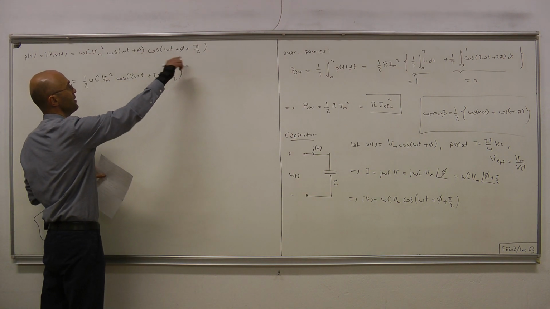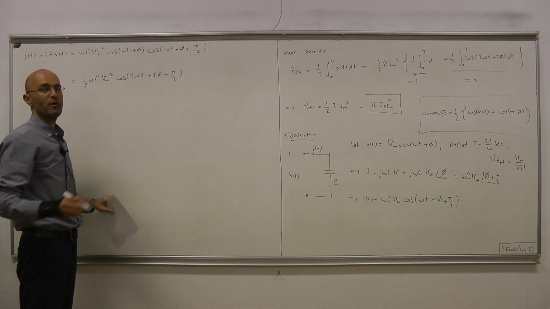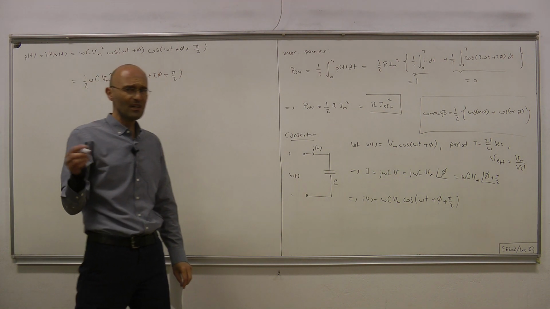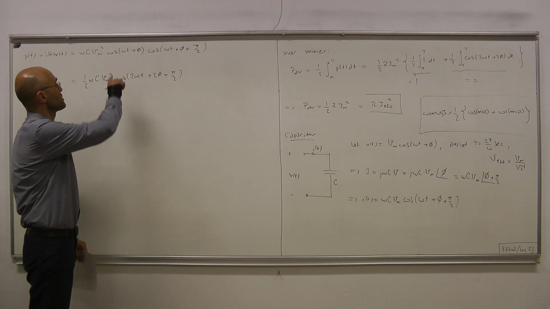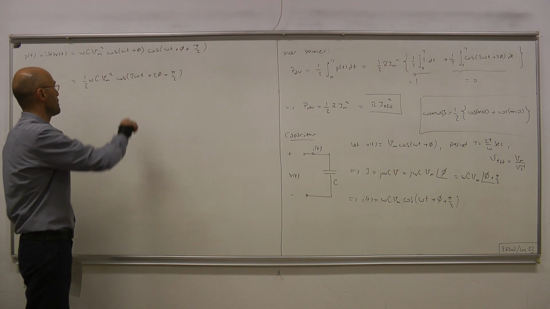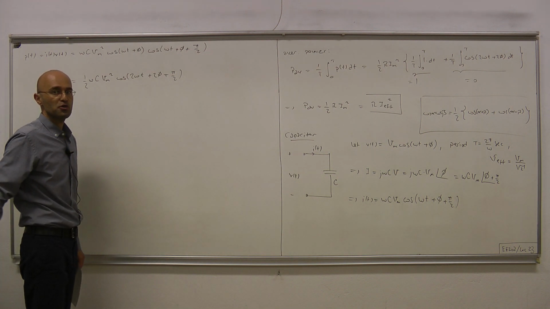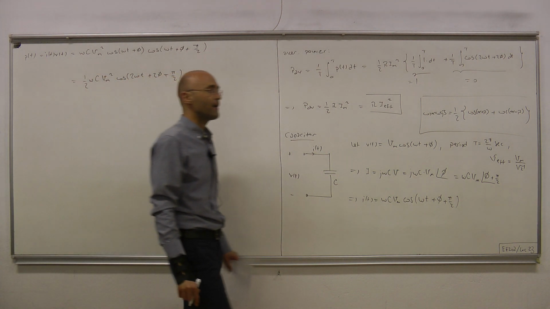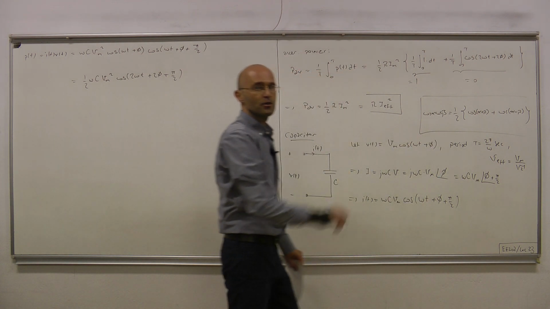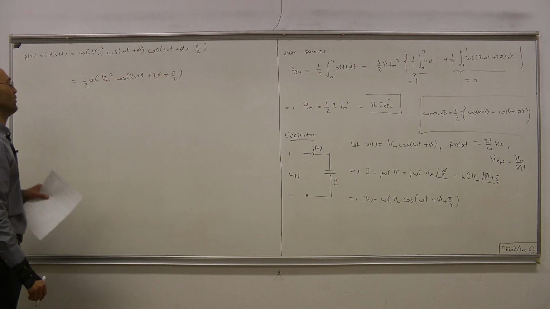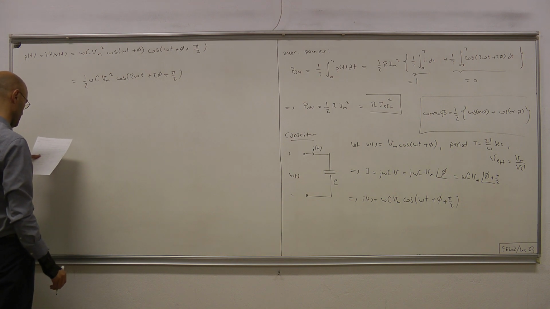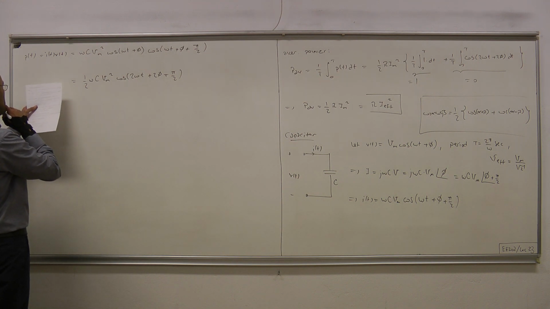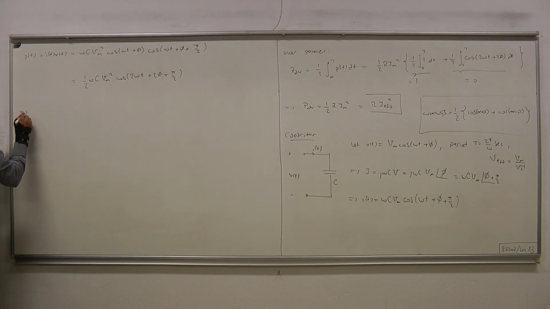Now alpha minus beta is either pi over 2 or minus pi over 2, but either way, its cosine is 0. Therefore we will only have a single cosine term when we apply this identity to our instantaneous power for the capacitor. So this is our instantaneous power P of t, which immediately gives us the following average.